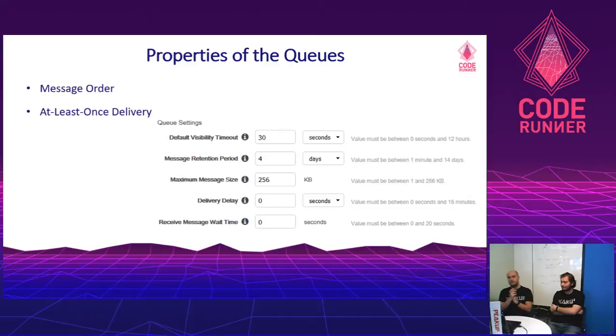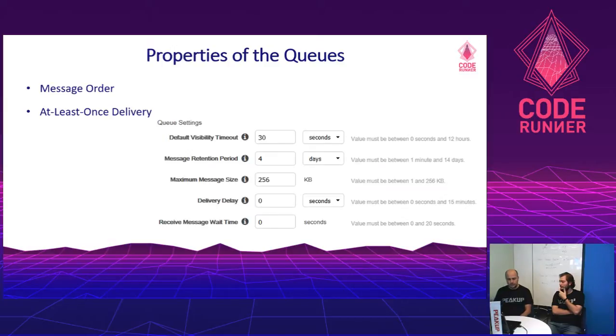So there are some properties of the queues. When you create it, you can change these in a configuration page. The first one is message order, standard or FIFO, and the second one is other queue settings that you see in the presentation. For example, default visibility timeout. I'm going to try to explain it in the next slide.